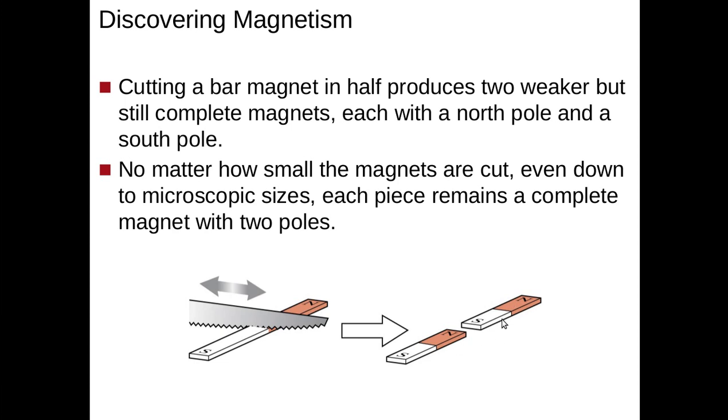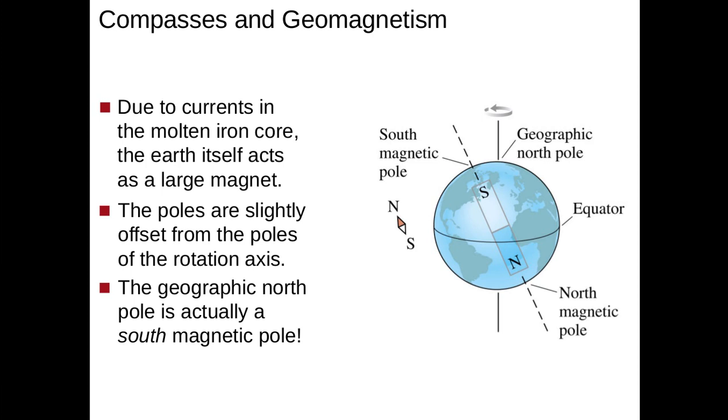So up to this point, we've never discovered an isolated magnetic pole. There's never been a north pole discovered without a corresponding south pole. So you can't have a magnetic monopole, at least as far as we know.